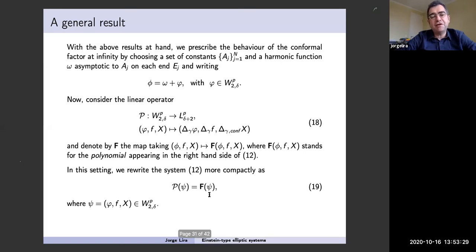But the idea is always like that. You start with some particular choice of phi here, and you try to place some sort of fixed point argument here, some iterations in order to get that fixed point. It's not that simple, because at each time you have to guarantee two things, that the conformal factor is always in that range, as you commented before.